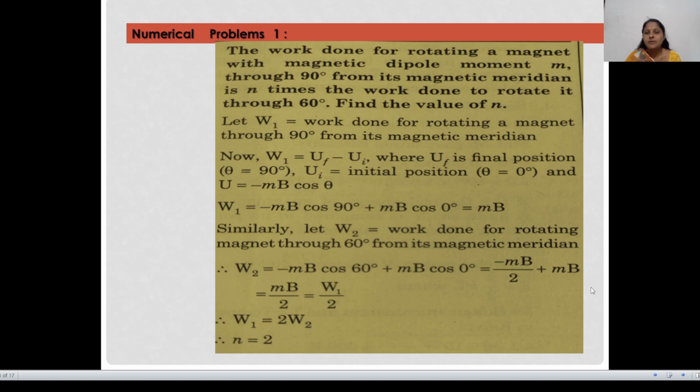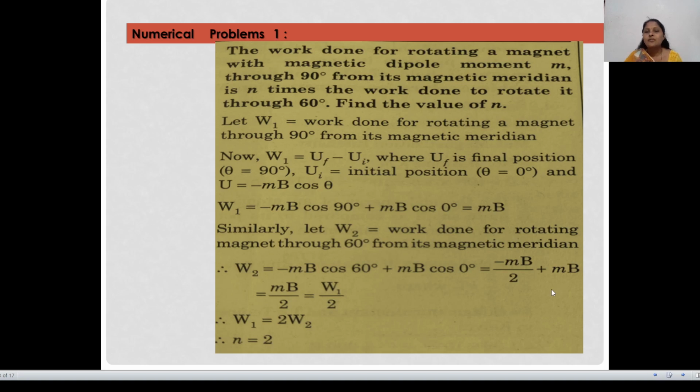Let W1 be the work done in rotating the magnet through 90 degrees from its magnetic meridian. You know the formula for magnetic potential energy. W1 is equal to UF minus UI, where UF is the final position, theta is equal to 90 degrees, UI is the initial position, theta is equal to 0, and U is equal to minus MB cos theta.